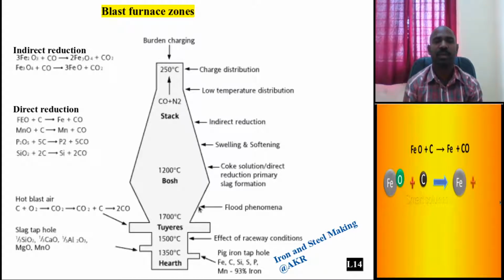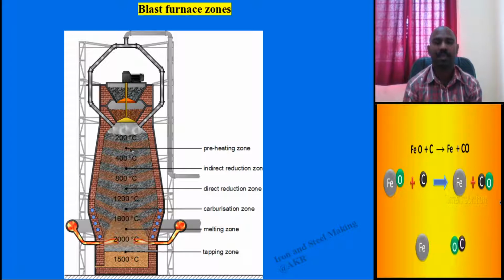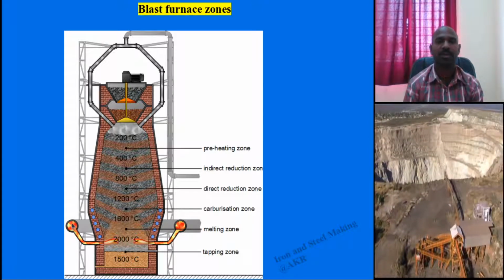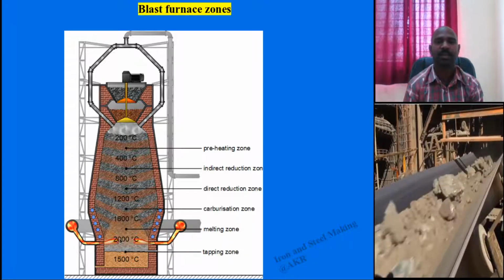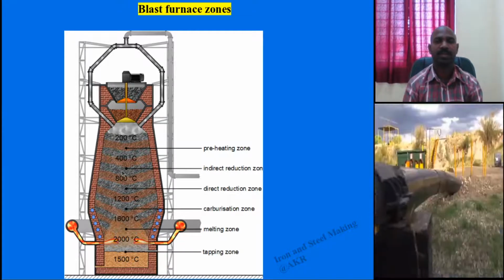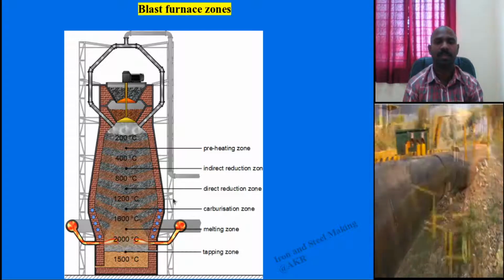Now let me give you more details about the blast furnace zones. Basically, this solid ore is preheated in the stack zone, and because of the chemical reactions and fuel, indirect reduction takes place, and near the Bosh zone, direct reduction.